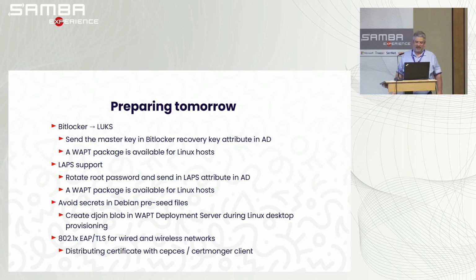The Microsoft answer to that is to pre-create the entry and create a djoin blob that will be sent to the computer, and the djoin blob contains the name, the password of the computer, and everything for the computer to be joined to the domain. And so we added that using Python scripting, and it makes it more acceptable for Windows people to start to have their Linux desktop provisioned.